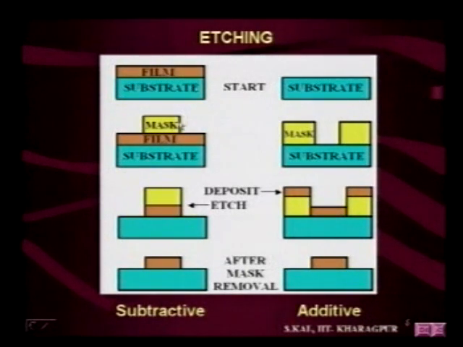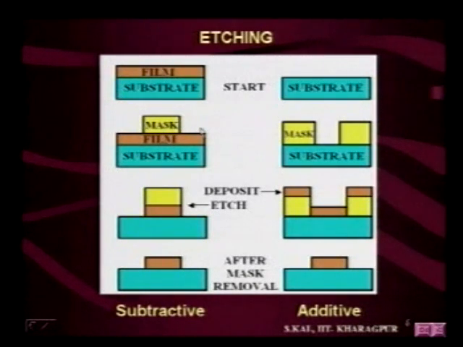If you compare the process steps of the subtractive and additive methods of pattern transfer, in the case of subtractive pattern transfer, initially a film is formed on the substrate. The film may be a metal film, maybe silicon dioxide. That is the film which you want to be etched. In a normal lithography technique, you put a mask using the lithography technique. The mask is photoresist, so it covers a certain region, and the rest is the unmasked region.